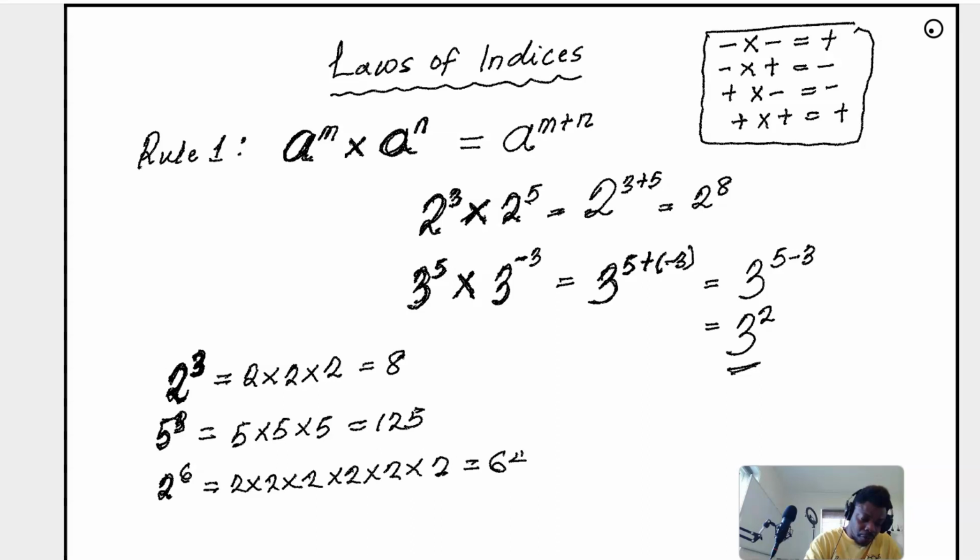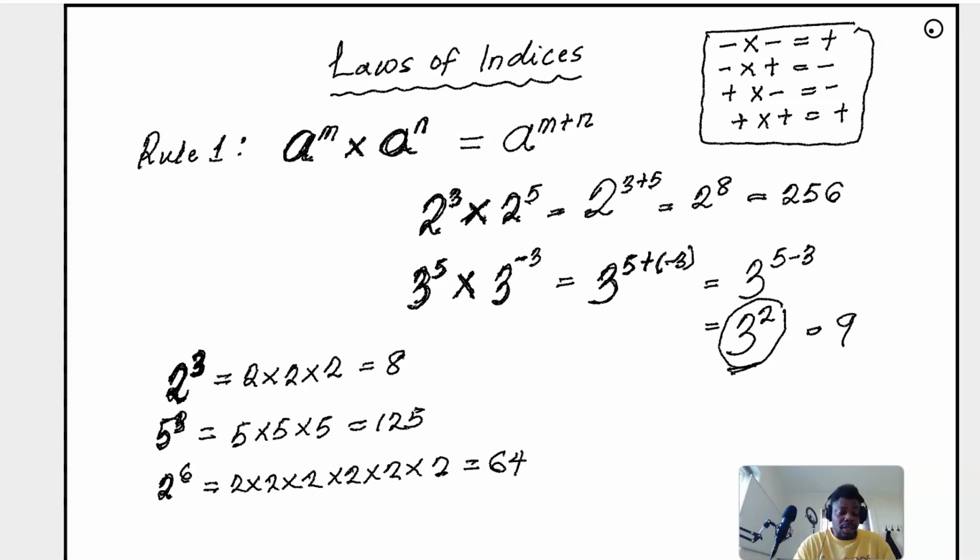That is 64. That is what it means. So in this case, you can finish this one up to be 256.